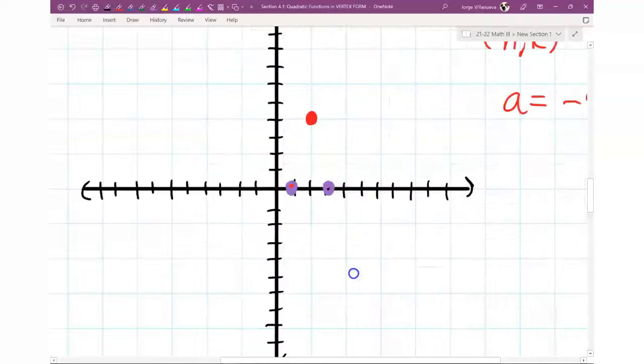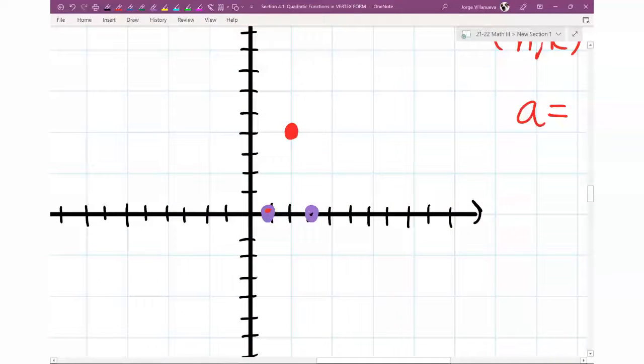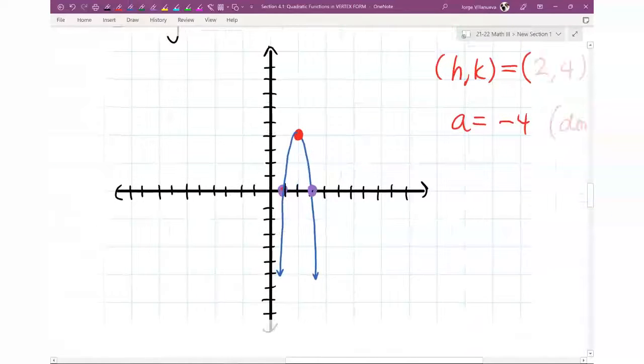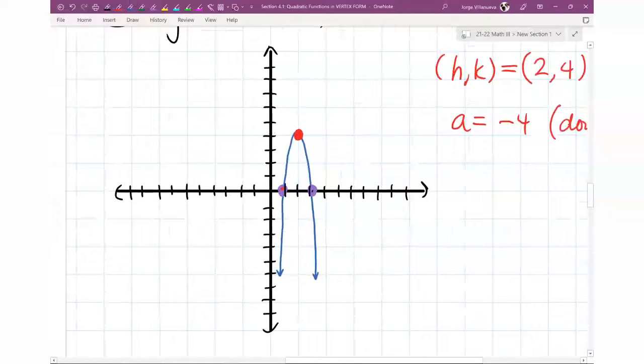Okay, I'll kind of zoom in for you guys. 4 down and once over. So let me go ahead and draw the graph. Notice how this one's a pretty thin picture, right? Compared to some of the first ones that we did. So there you go. I hope you guys can agree with me.